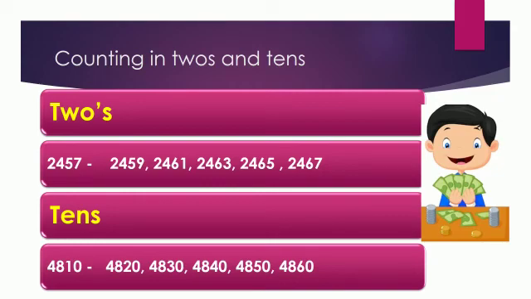I am going to add 1 to the tens place. So what do we have here in the tens place? We have 1. So 4810 would become 4820. The tens place then becomes 2 becomes 3, 3 becomes 4, 4 becomes 5, and 5 becomes 6. So this is the easiest way to calculate.